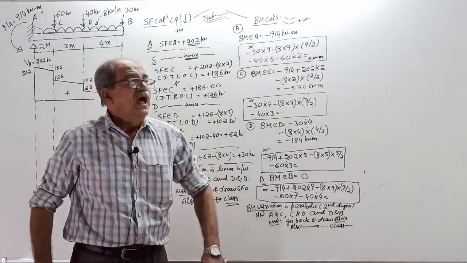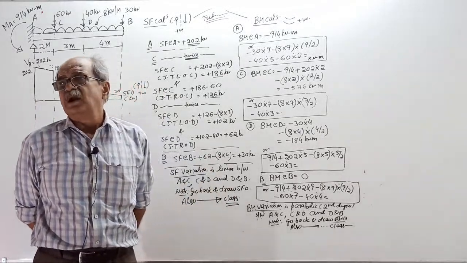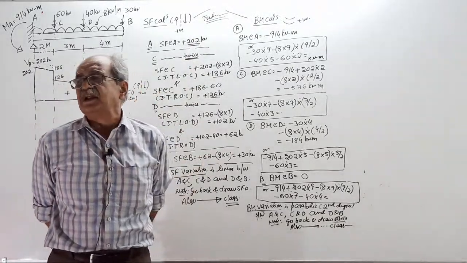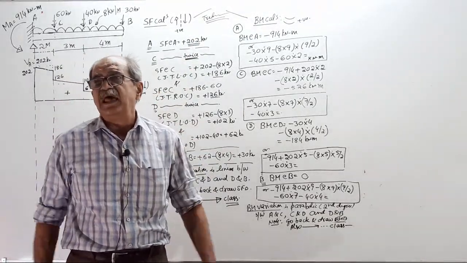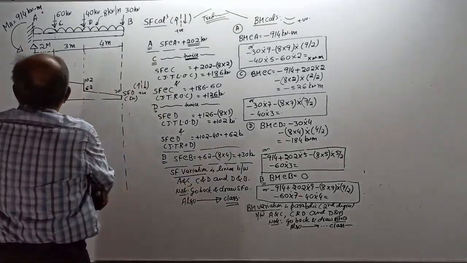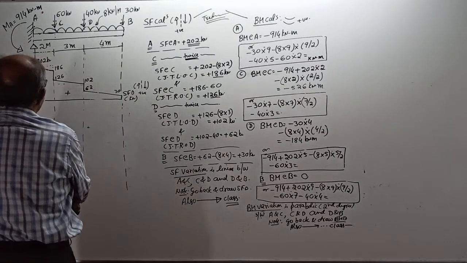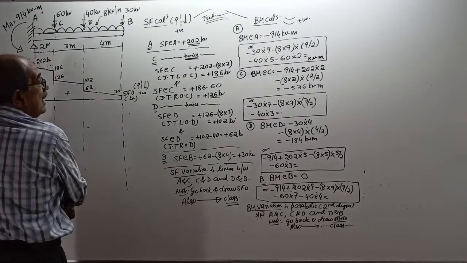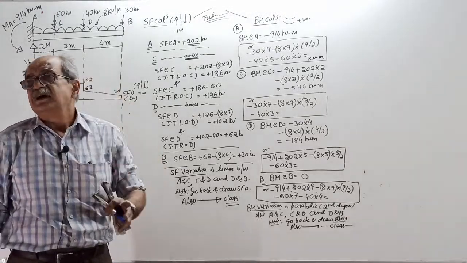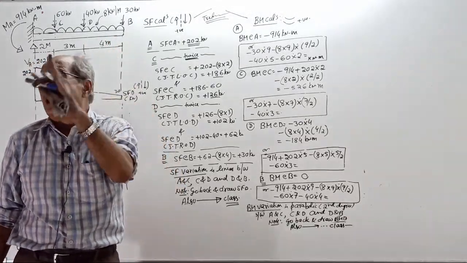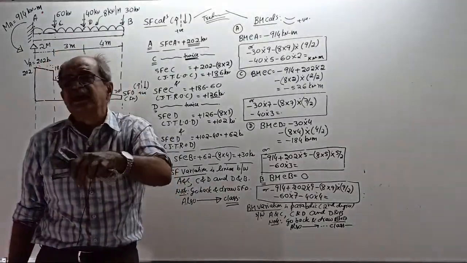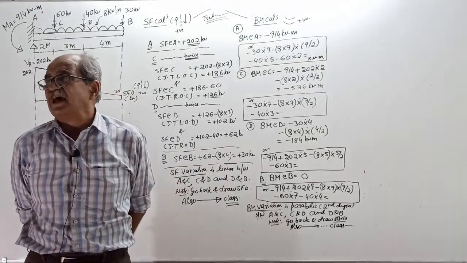I'll tell a story now. Up to now, after finding all the shear forces and defining variation, we draw the shear force diagram. Then we open our eyes and observe the shear force diagram. Check how many points the shear force diagram is crossing the baseline. Wherever it crosses the baseline, it changes sign.